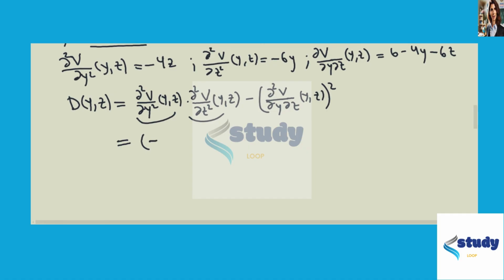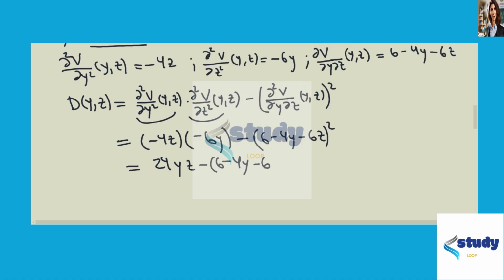So here we say this is equal to negative 4z times negative 6y minus (6 minus 4y minus 6z) squared, or 24yz minus (6 minus 4y minus 6z) squared.